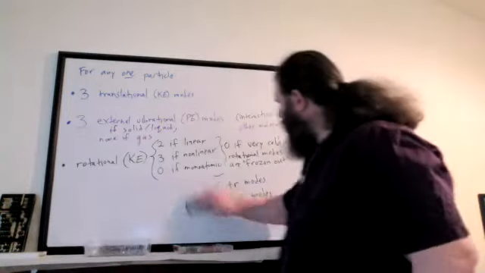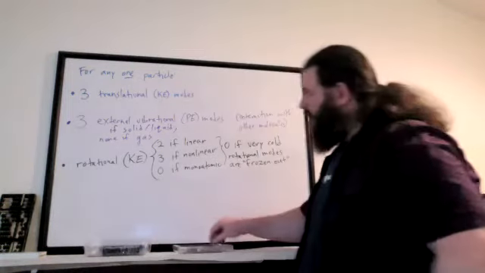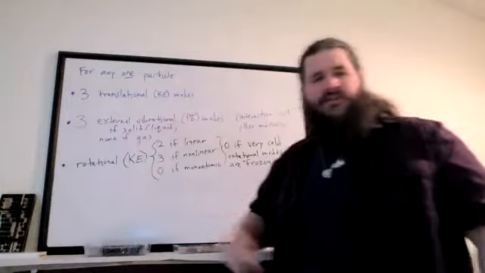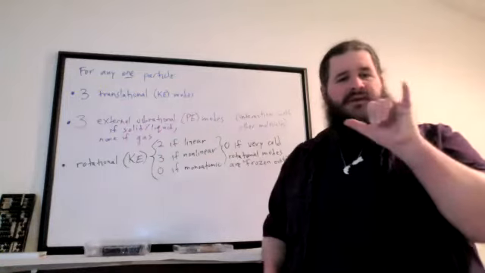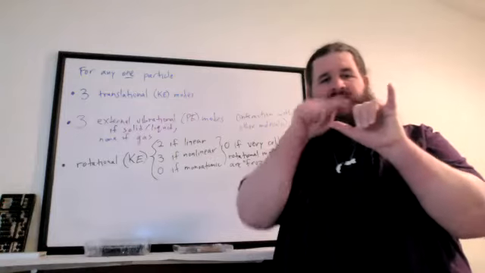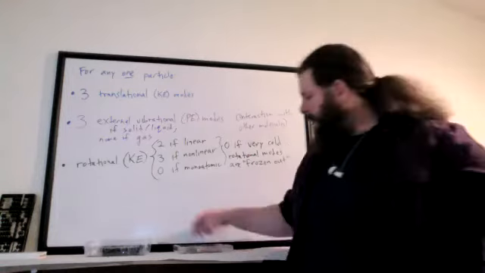And then one other type of mode we should consider is this idea of internal vibrational modes. The external vibrational modes were like a molecule interacting with other molecules nearby. Internal vibrational modes are the individual atoms in a molecule interacting with each other inside the molecule.